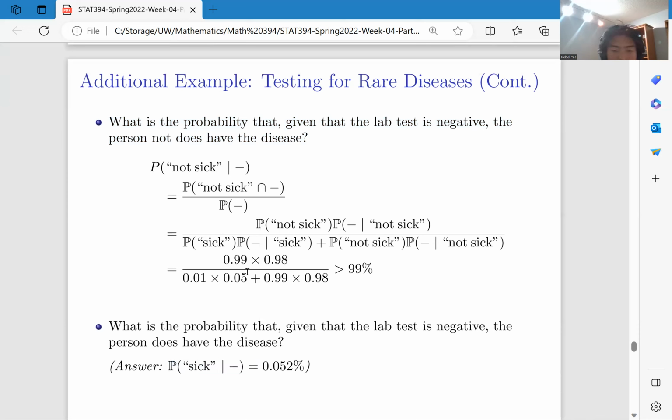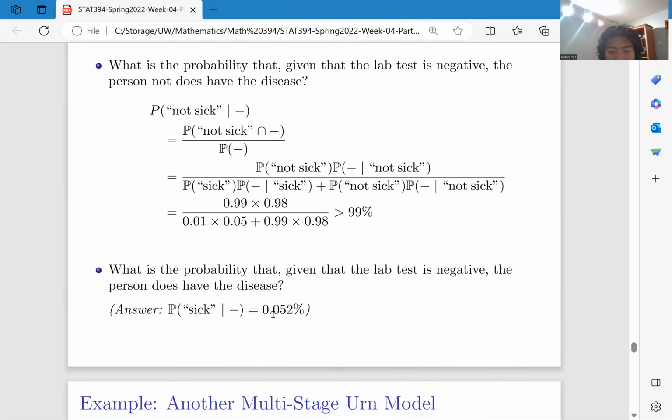But another way to do it is to replace the not sick subset with the sick subset. So 0.99 times 0.98 is replaced by 0.01 times 0.05. So the result will be 0.052%.